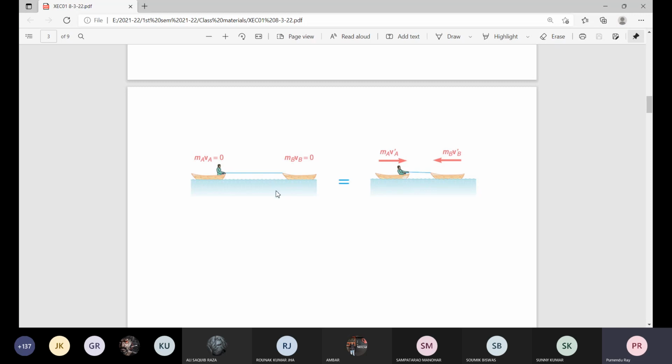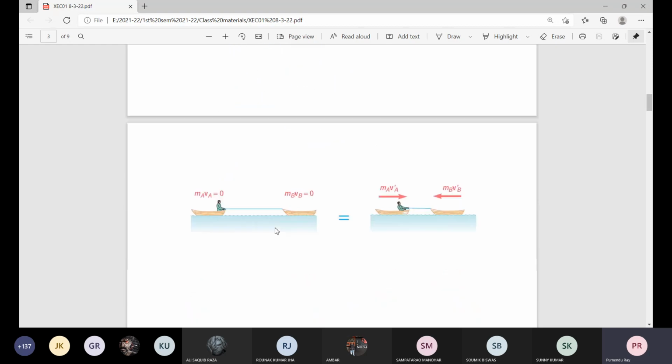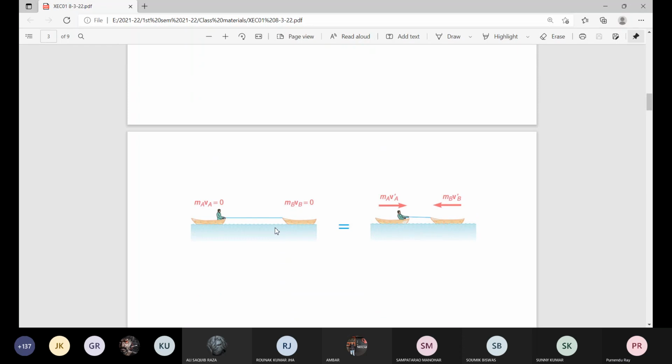Now you apply some pull to bring the second boat nearer to you. Now what about the forces acting in this rope? It is in the form of action and reaction. So whatever may be the value of this integral f dt over the time span t1 to t2, for action as well as for the reaction, those are the same and nullify each other.